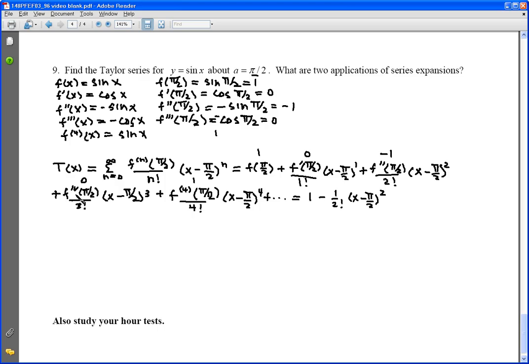And then plus, this is a 0, so this odd power term drops out, and then this is a 1 over 4 factorial, so then it's going to be plus 1 over 4 factorial, and then this will be (x minus pi over 2) to the 4th power.